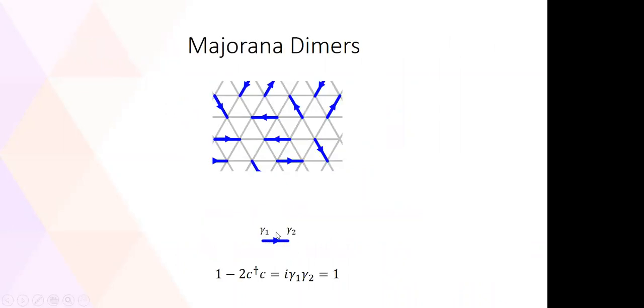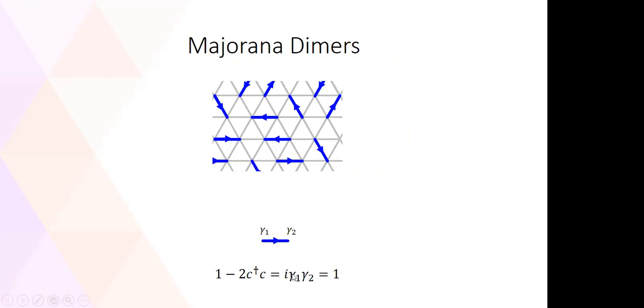So because gamma 1 and gamma 2 anti-commute, you know necessarily that i gamma 1 gamma 2 equals minus i gamma 2 gamma 1. Now if you look at the fermion way of looking at this operator, this being equal to plus or minus 1 just tells you if you occupy or don't occupy the fermionic state that's composed of these two, right?